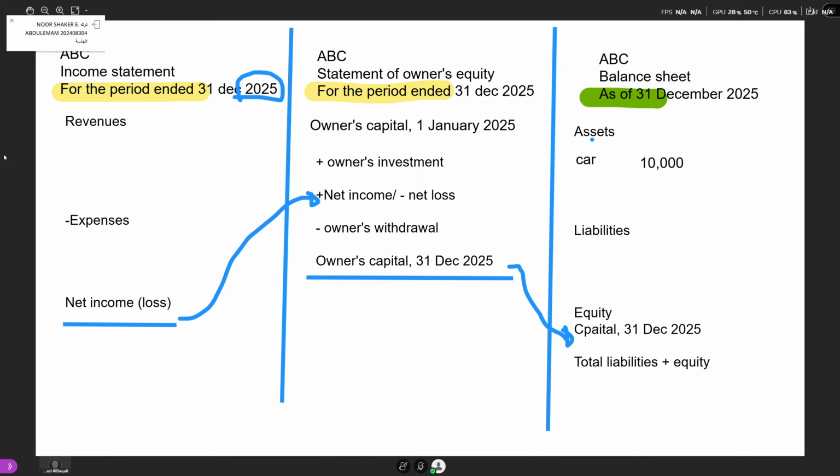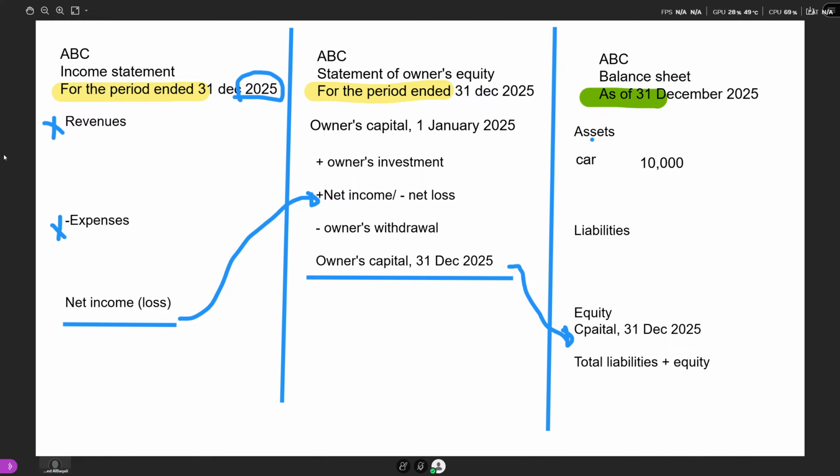So when you are done preparing the income statement, this revenue that you have here and this expense that you have here is no longer relevant, because next year, 2026, you will start a new period and you will start making new revenues and new expenses that will help you generate new net income in year 2026.